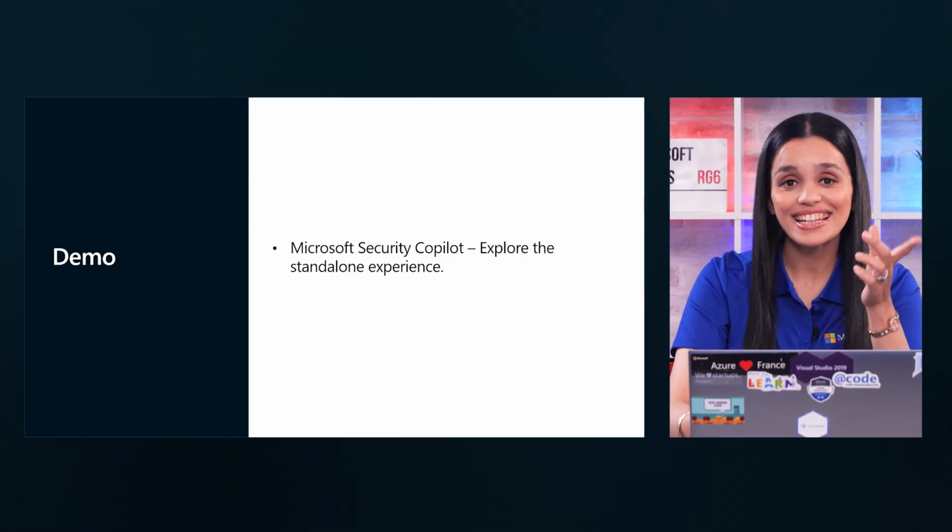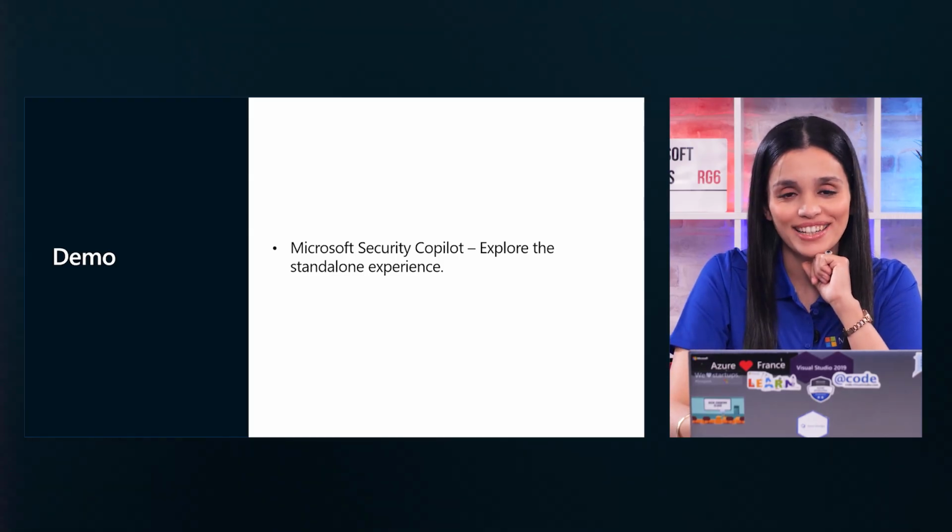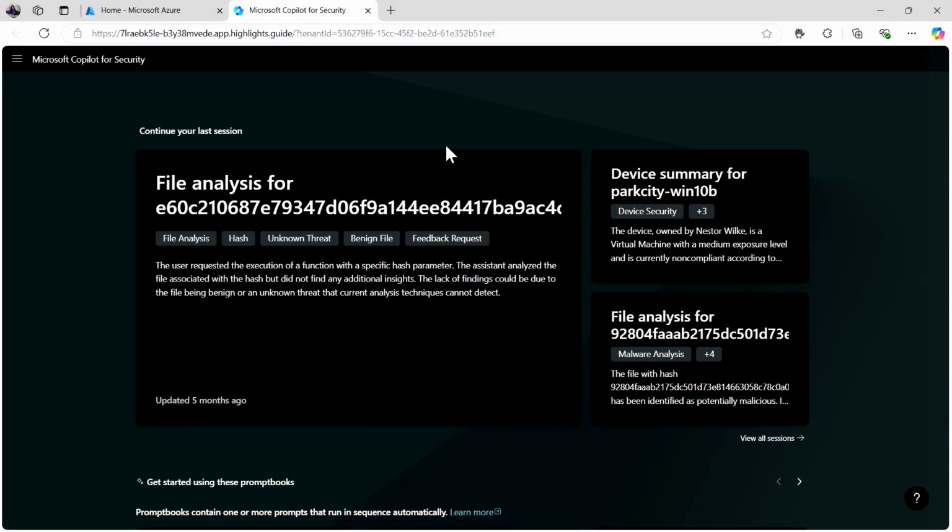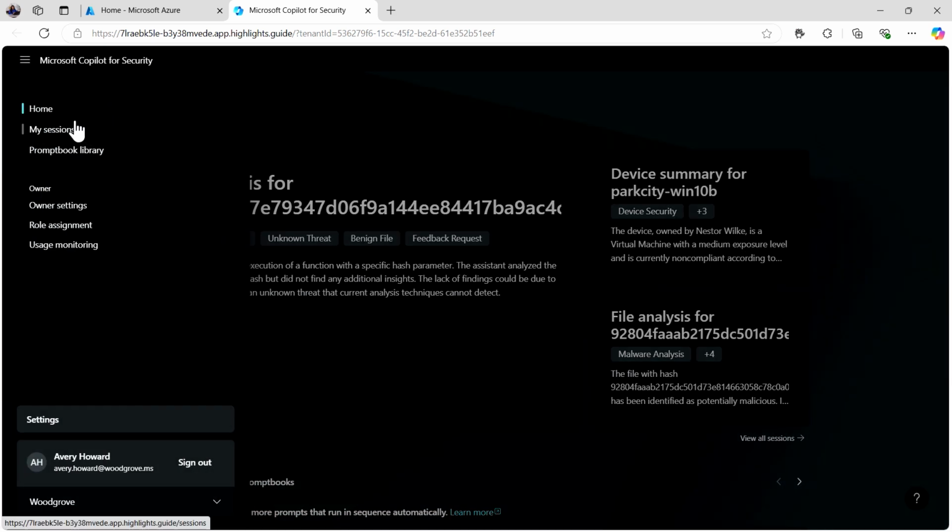All right, let's see Microsoft Security Copilot in action. So here I'm in the simulated environment of Microsoft Copilot for Security. We are looking into the standalone experience, and you can notice here we have a sandwich menu where we can access different information.